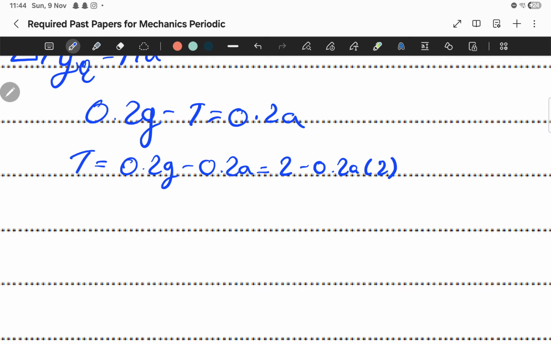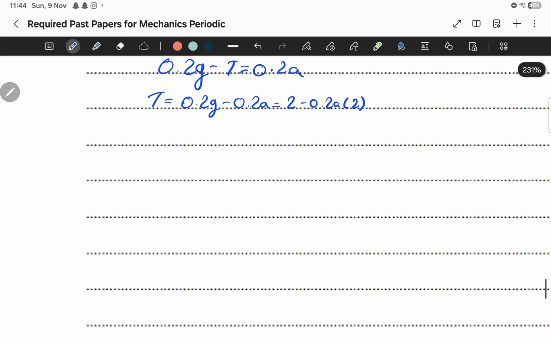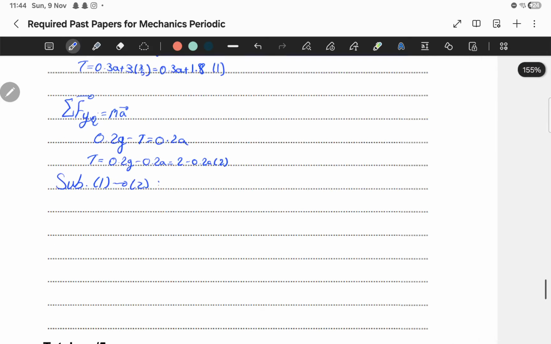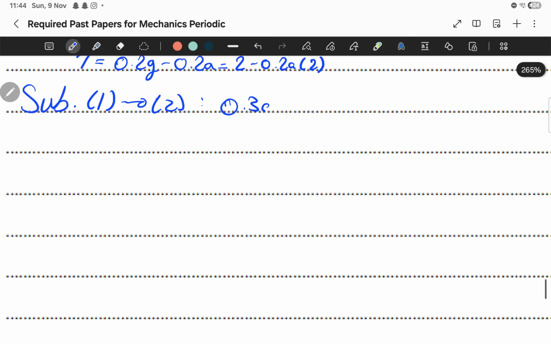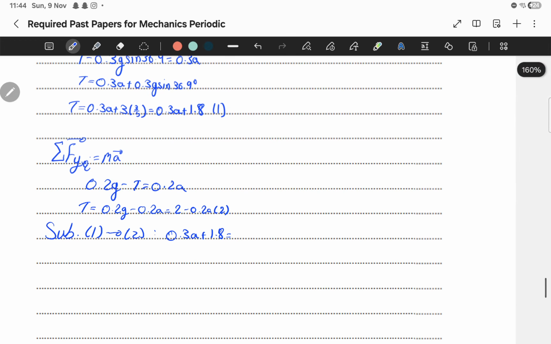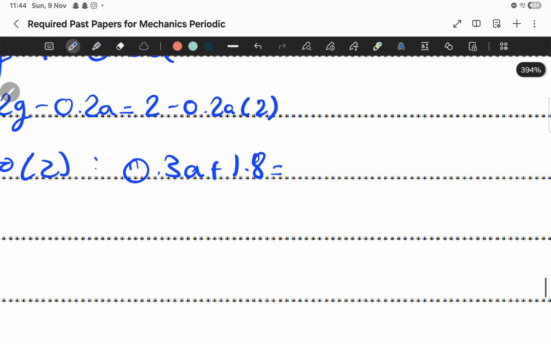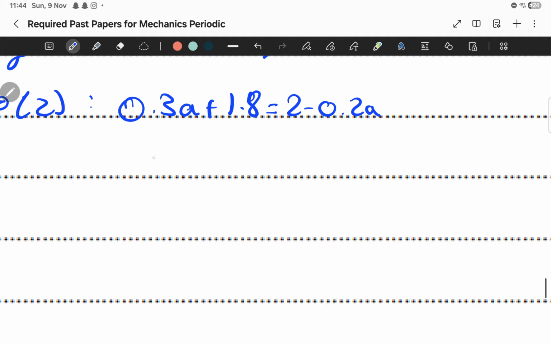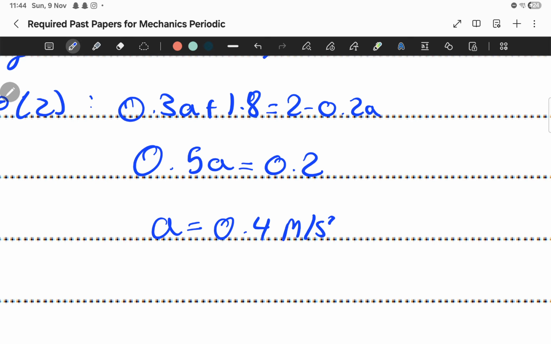Now I'm just going to substitute 1 into 2, which gives me 0.3a plus 1.8 equals 2 minus 0.2a. So this gives me 0.5a equals 0.2. So a is equal to 0.4 meters per second squared, and this is the acceleration.